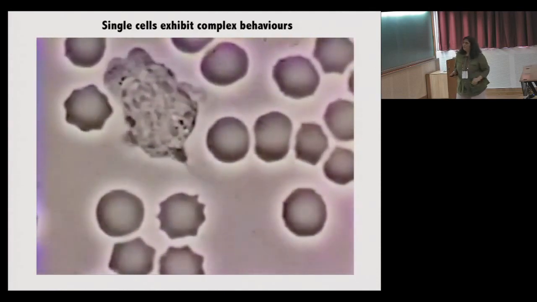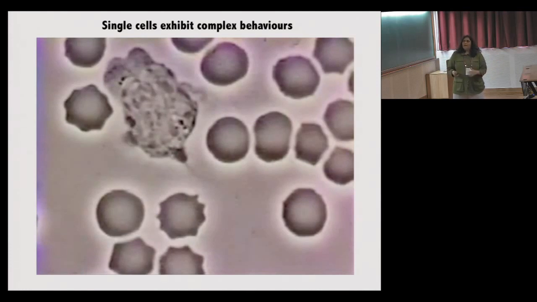And so what I would like to use this to say is that this is a single cell that in the process of either obtaining food or eating up something toxic exhibits changes in shape, polarity, and also moves, right?